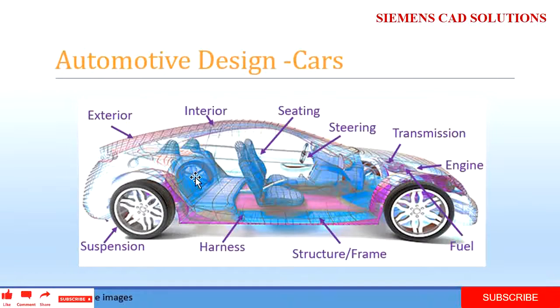Suspension, nowadays the suspension of the vehicle has also improved. So these are the major areas where designing is done. Majorly we will concentrate on the interior design, plastic area and CAE analysis, how it takes place and what processes they follow.